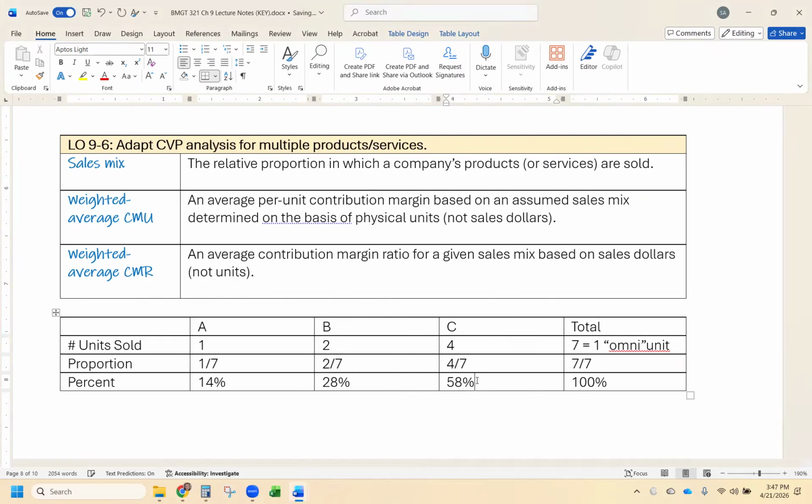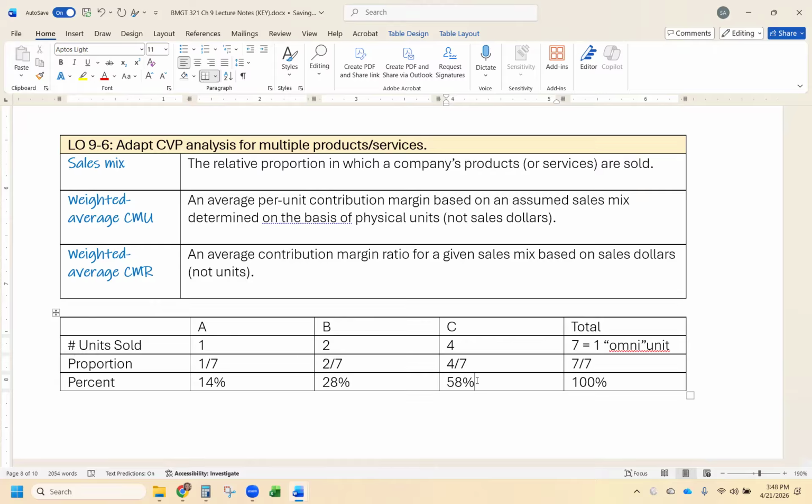So this is 58%. So the omni unit is 7 individual units. 58% of the omni unit is made of C. 28 is made of B, and 14 is made of A. So that is the number of units.